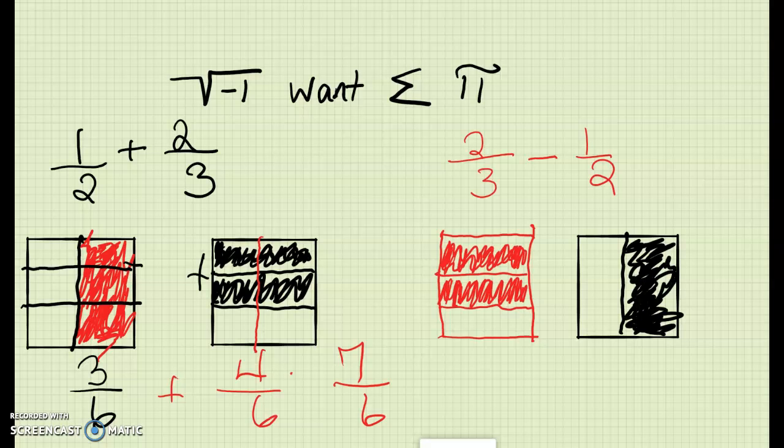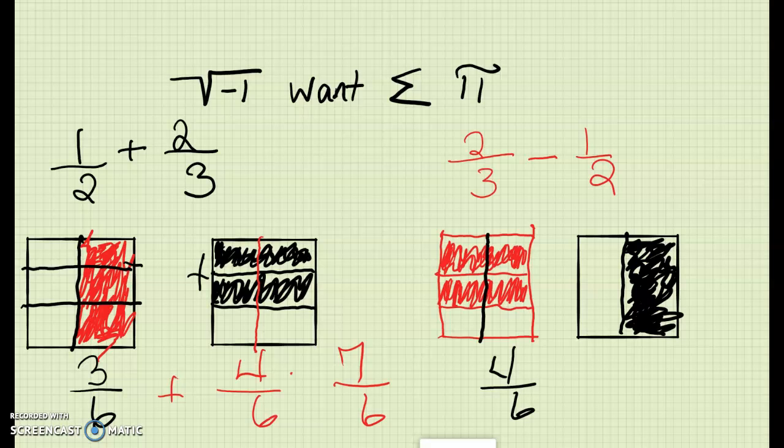All right, now remember, you have to have like denominators in order to add or subtract fractions. So what I'm going to have to do is multiply 3 times 2, which I know is 6, and I'm going to have to break this up in sixths. Well, how will I break up the sixths? I will divide this in half. And that is 1, 2, 3, 4, 4/6.